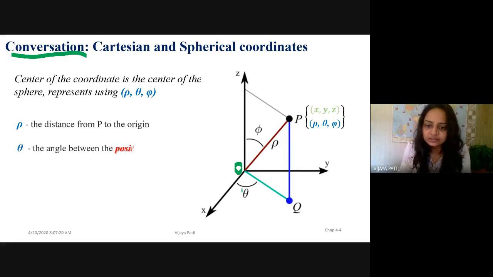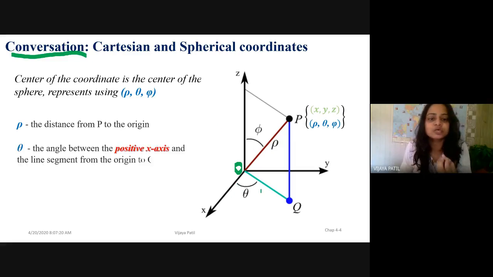Then what is theta? Theta is nothing but the angle between the positive x-axis and the line segment from the origin to Q. As we have discussed previously, this is the theta over here, which is the angle between OQ and the positive x-axis. The limit is 0 to 2 pi.